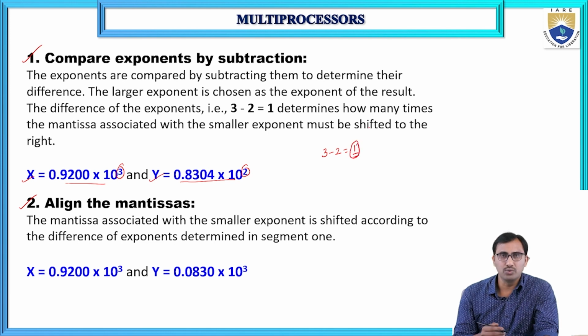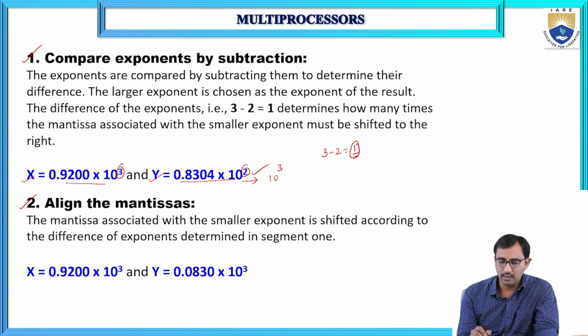So we have to choose the number with the smaller exponent. The smaller exponent is the second number, and we have to align the mantissa. So see here, we are writing this in terms of 10 power 3. So how will we get the 10 power 3?